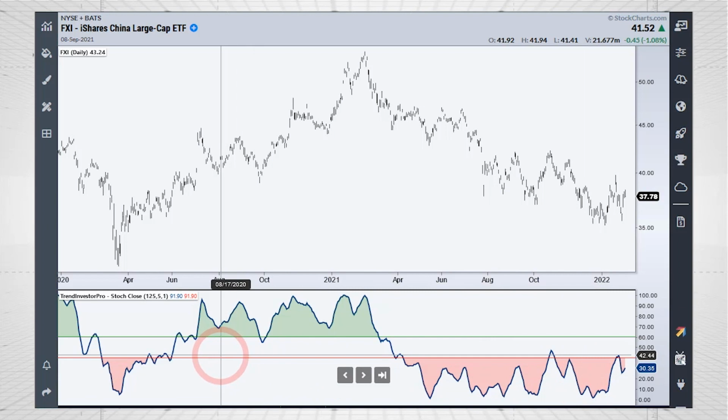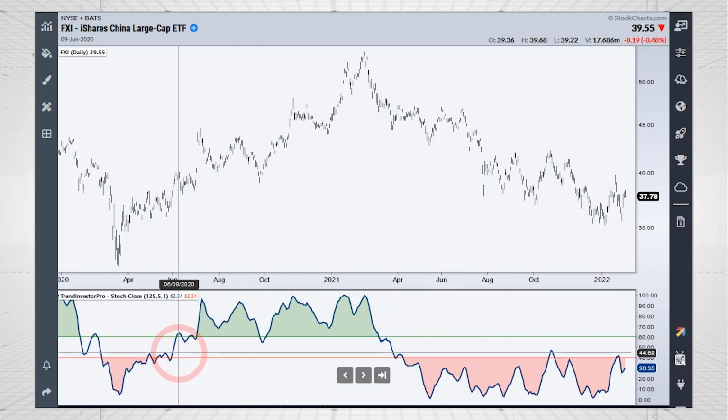And if we go back to June here, if you look at early June, you can see StochClose is in the low 60s. And so if you had had an uptrend signal in FXI and QQQ, clearly QQQ would have been the winner because its StochClose was in the 90s, whereas FXI has a StochClose in the 63 area. So it was not as strong.